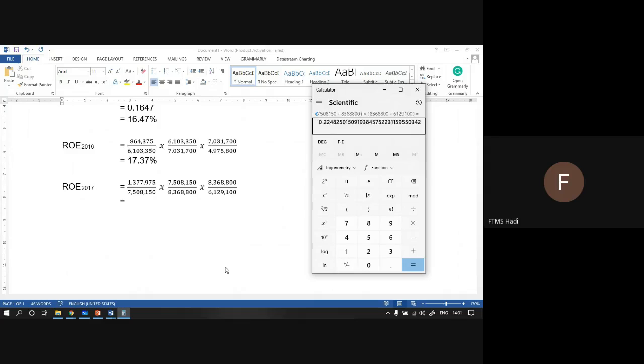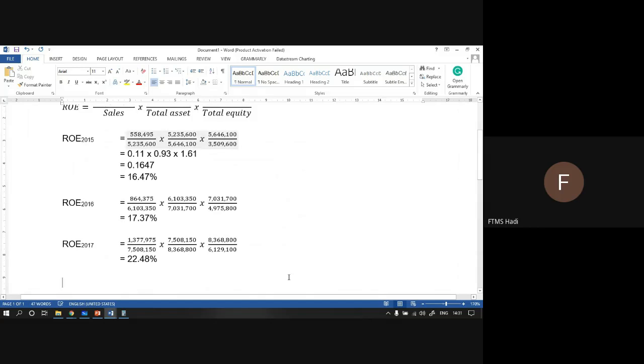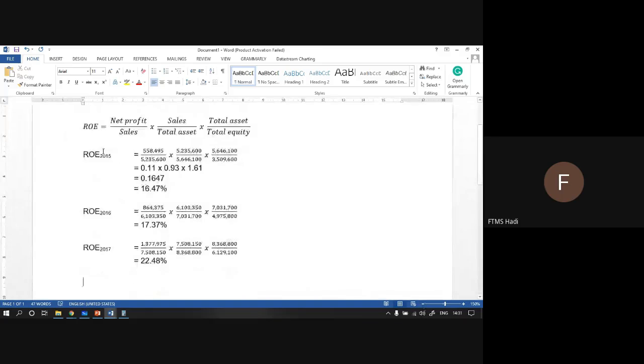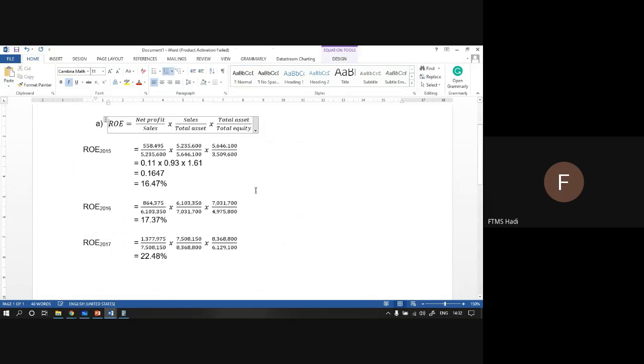Okay, 0.2248 multiplied by 100, you will get 22.48%. So you already calculated ROE for 2015, 16, and 17. That is question A. For question A, done already.